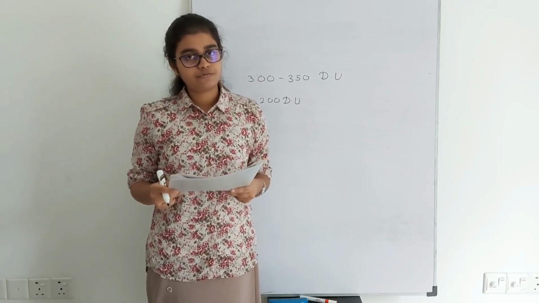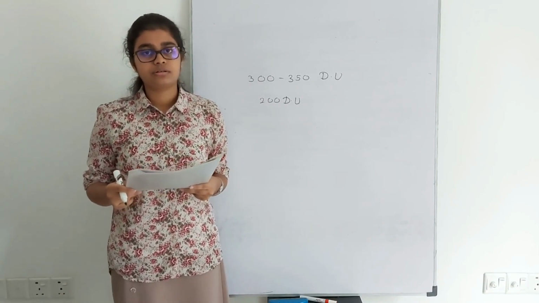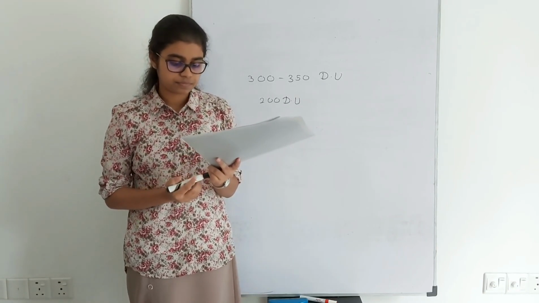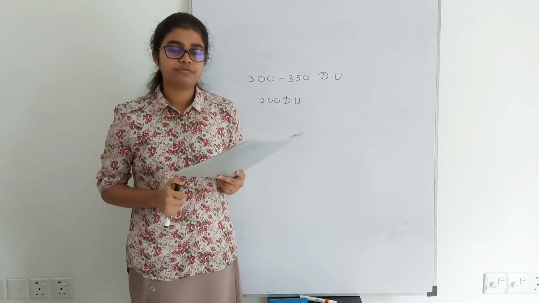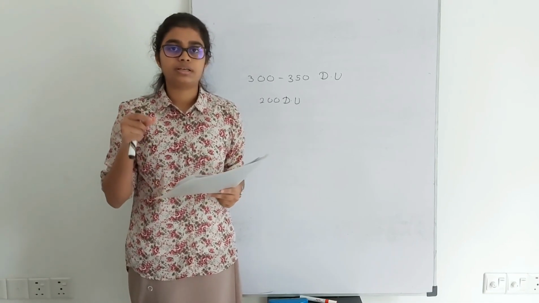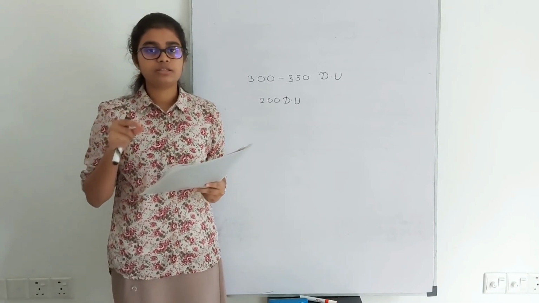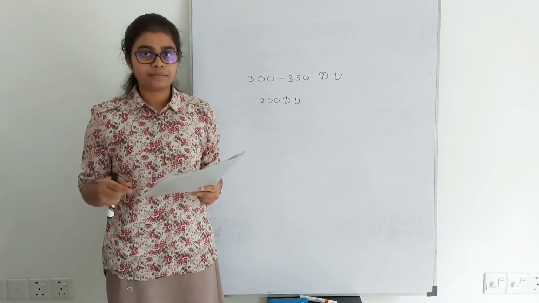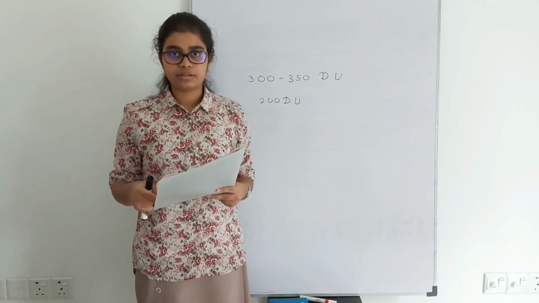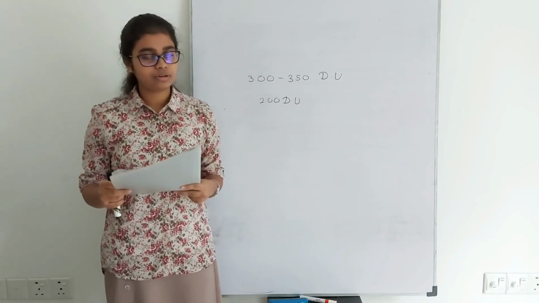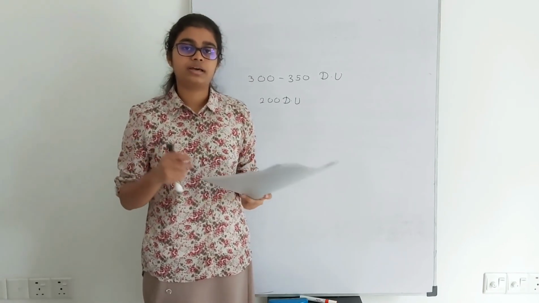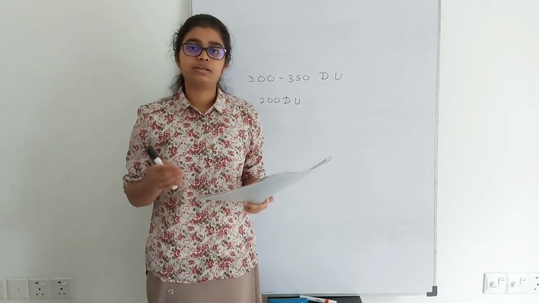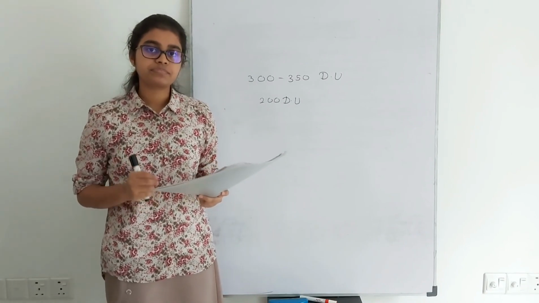So the cause of this ozone layer depletion is man-made ozone-depleting chemicals. And the thinning of this ozone layer is called the ozone hole. There is no literal hole there, it is the thinning of the ozone layer. So the contributing factors for ozone layer depletion are, just like I said before, ozone-depleting chemicals made by man.